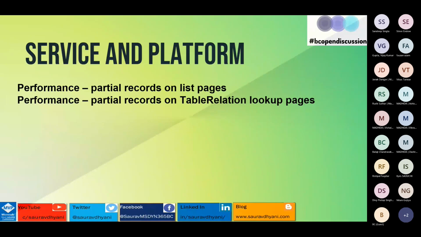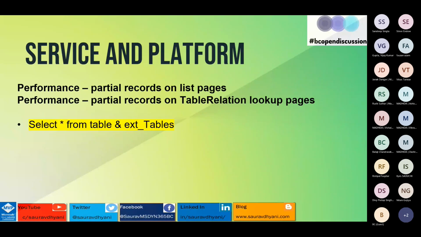So now what happens when you open a list page, instead of doing a select star from the source table of that page and also from the table extension, that's how a page load event is invoked, that everything from the main and the subsidiary tables is fetched.